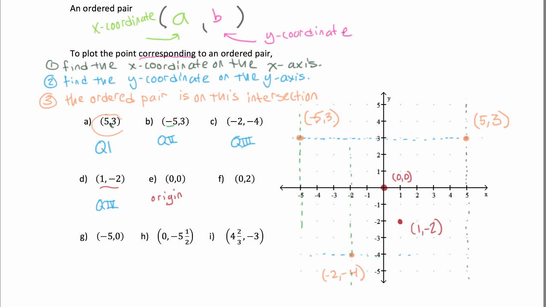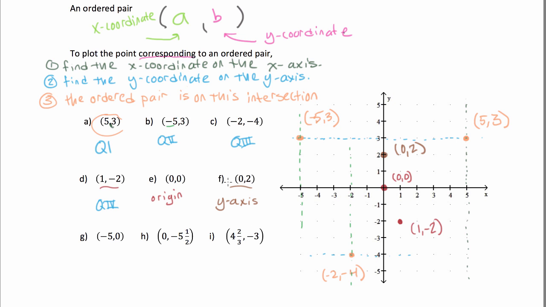Same for the point 0, 2. So 0, 2, I'm going to line up with 0 on the x-axis, so that's right here, and then 2 on the y-axis, and because it's at 0 on the x-axis, it's going to be right on the y-axis itself. So 0, 2 is where that is, and that point, again, is not in a quadrant. That's just right on the y-axis.